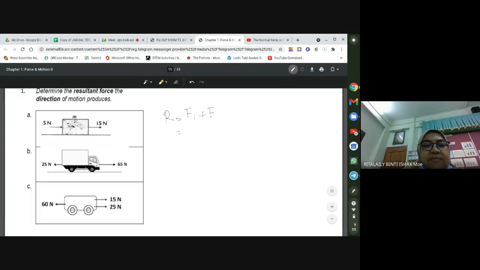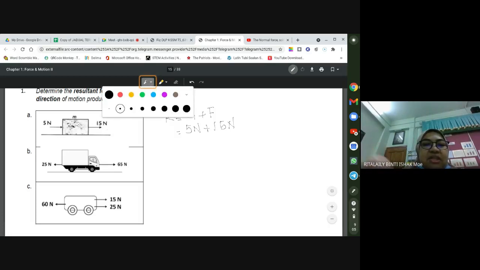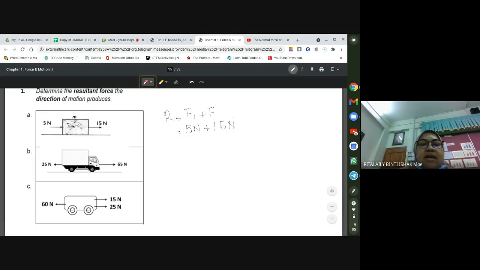Let's take 5 Newton as the first force plus 15 Newton as the second force, and both forces are in same direction. Therefore, there is no negative sign. Okay, so we get a total of 20 Newton.